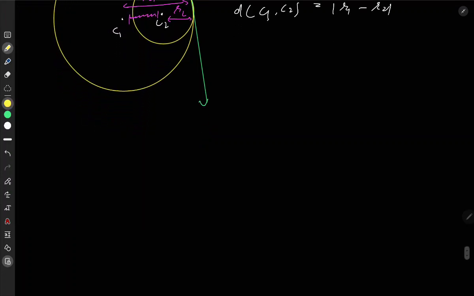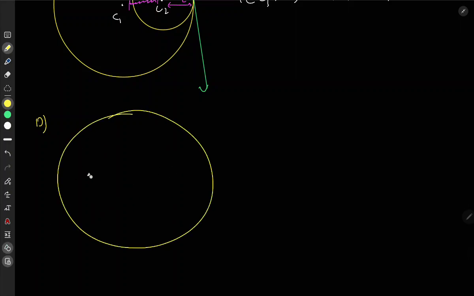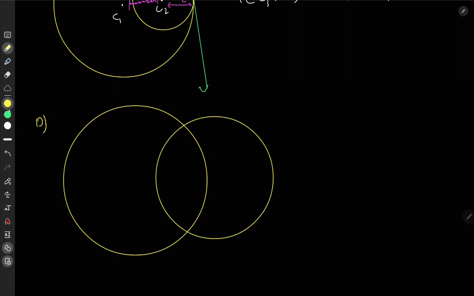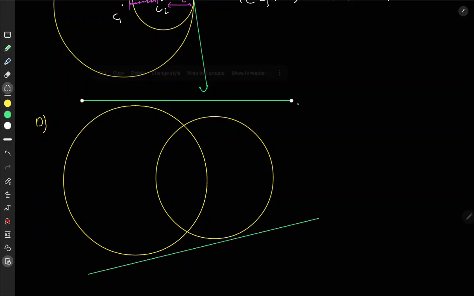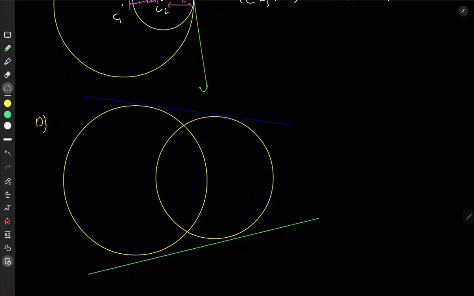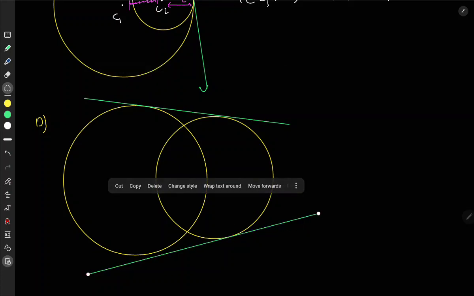And now let us see another case which most of you might not have thought might exist. So this is the first circle and this is another circle, and in this case the number of common tangents are only two, which is this and this, and I might need to rearrange it because it's not all looking common tangent.